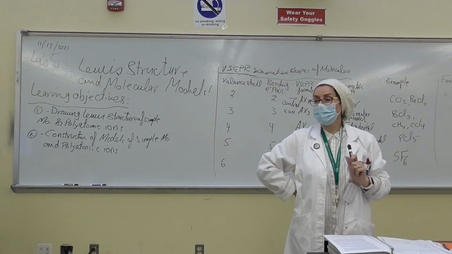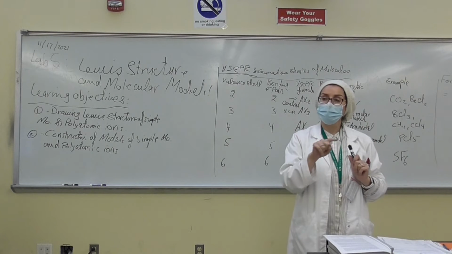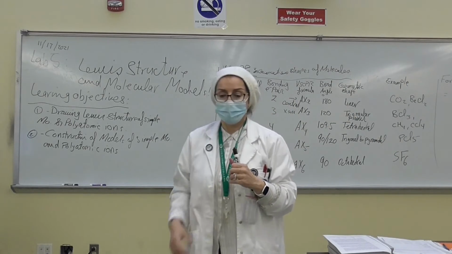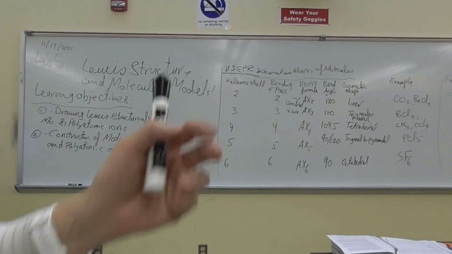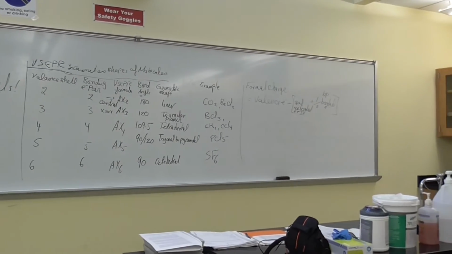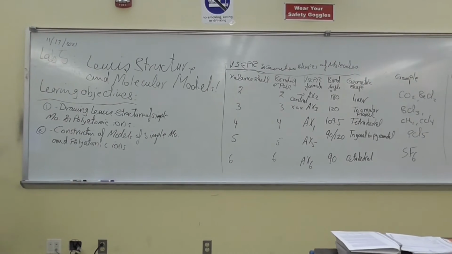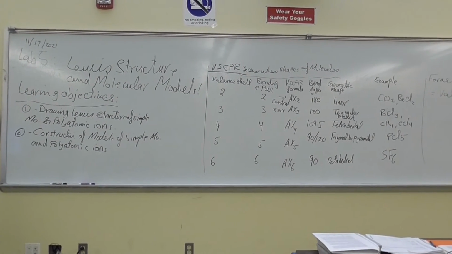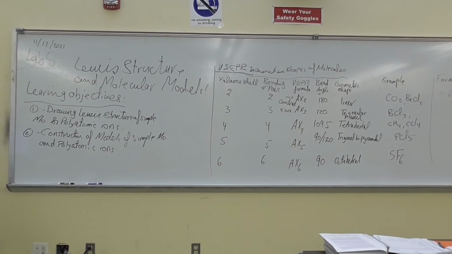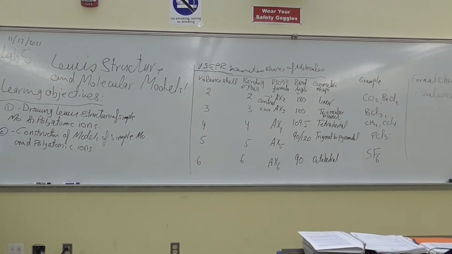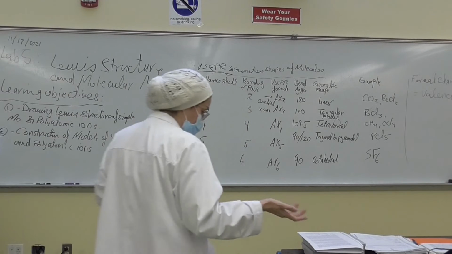Hybridization. So I'm going to give you some insight into that. This is a heads up for chapter 9. So just give me a couple minutes. I'm going to refer to each one of those: if we have 2 surrounding the central atom, if we have 3 atoms surrounding the central, if we have 4, 5, and 6, okay? Because if you don't understand, what is this, what is that?